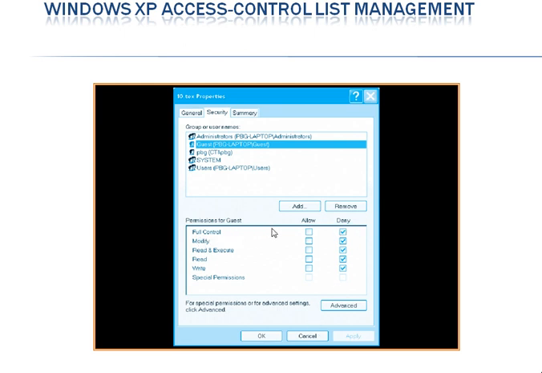Full control for guest is denied, modify is denied, read and execute is denied, read is denied, and write is also denied for the guest. Here different groups or different sorts of users are listed.